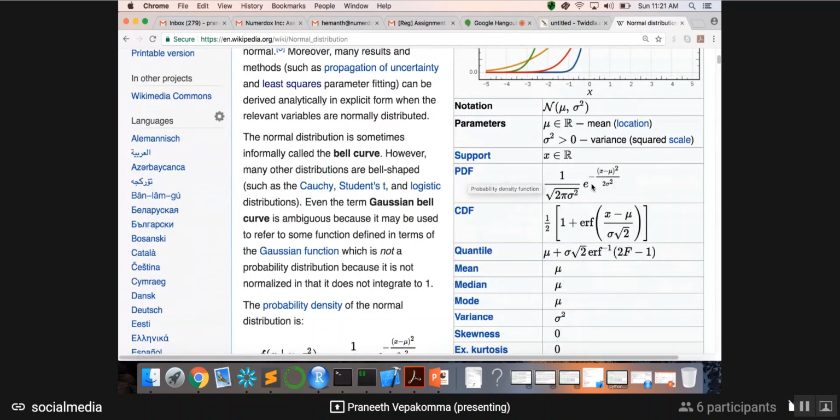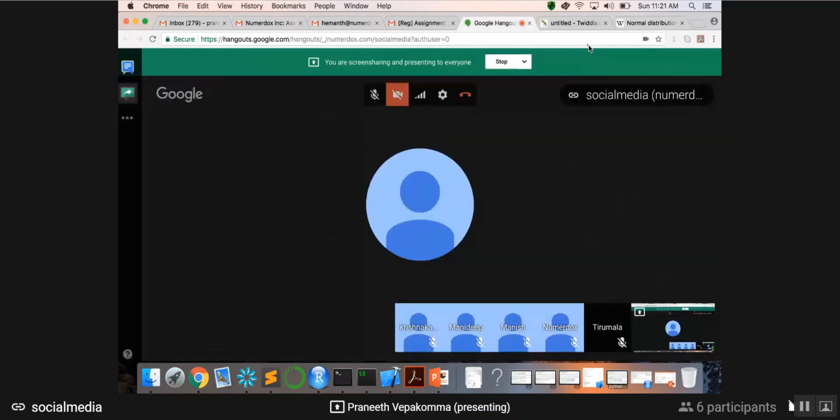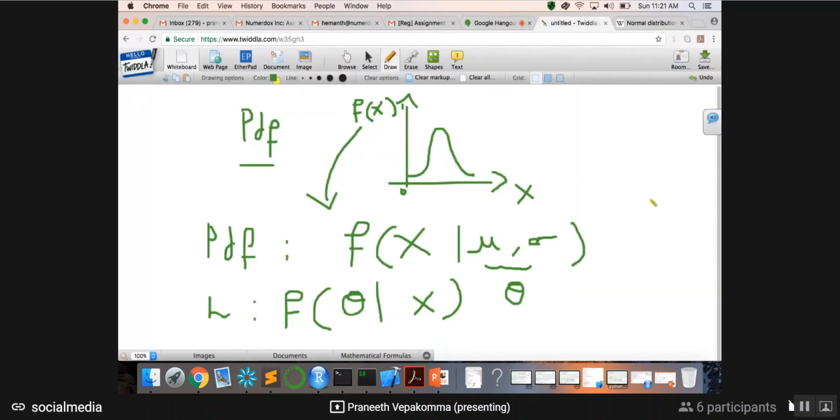So PDF is a function of x given mu and theta. Likelihood is the same equation, but it's a function of mu and sigma, which is known as the theta parameters. It's a function of mu and sigma given your x. That's the only difference. Now, as far as why and how it's a useful function, why it comes up every time is as follows.